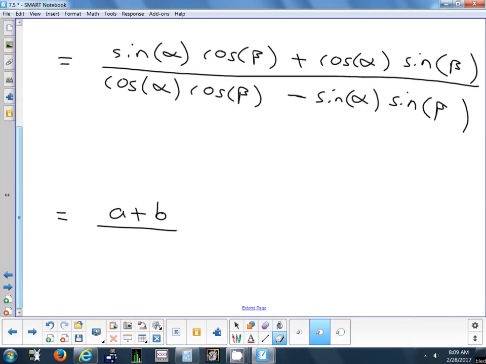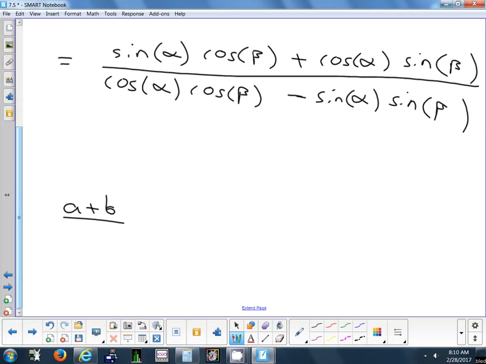Can anybody tell me how I could split that up so that instead of one big fraction, I have two fractions? How could you split up something like this? Yeah? A over C plus. Yeah, you can take that and basically split it like that. That's the trick you have to do here.